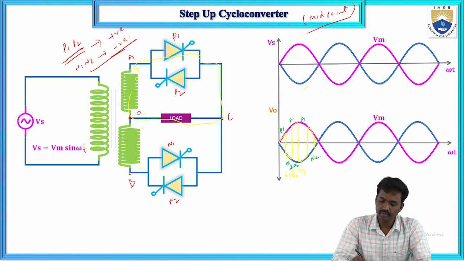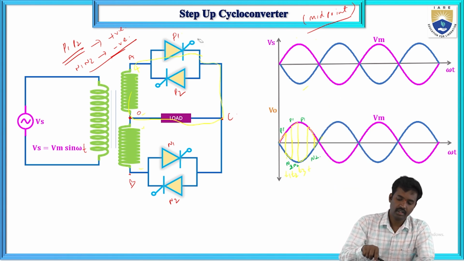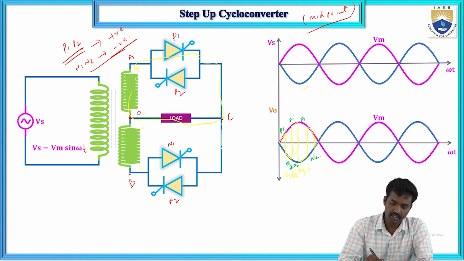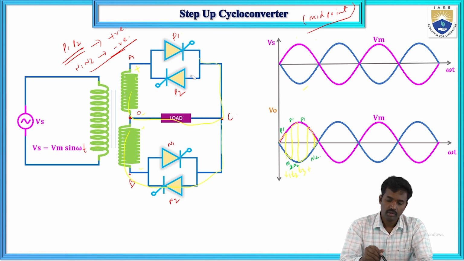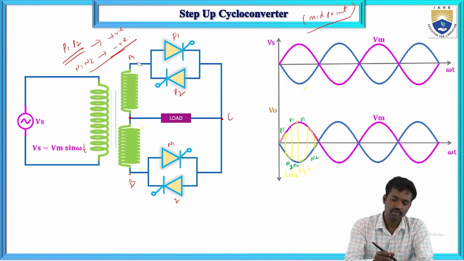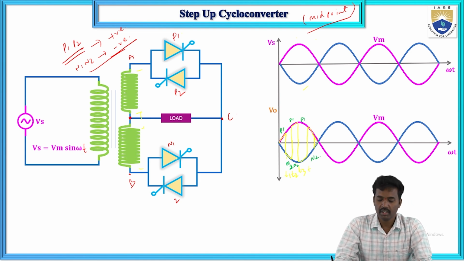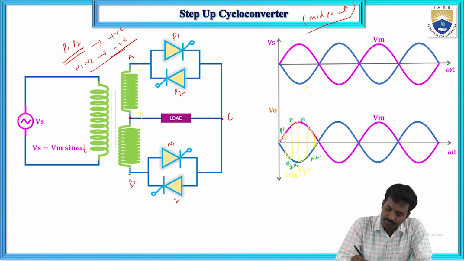So now again T3, T4. Again during the negative half cycle, N2 will conduct. Next case, when it is positive and when it is negative, the P2 and N1 switches will conduct.